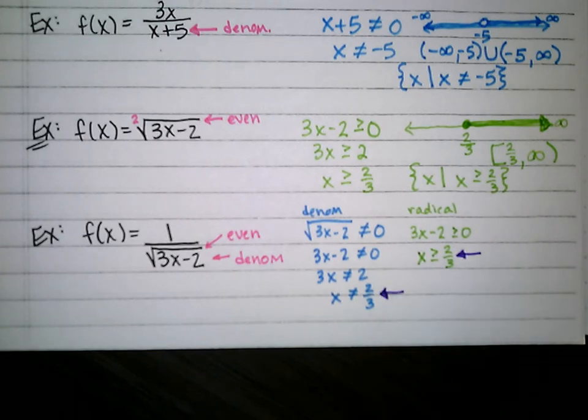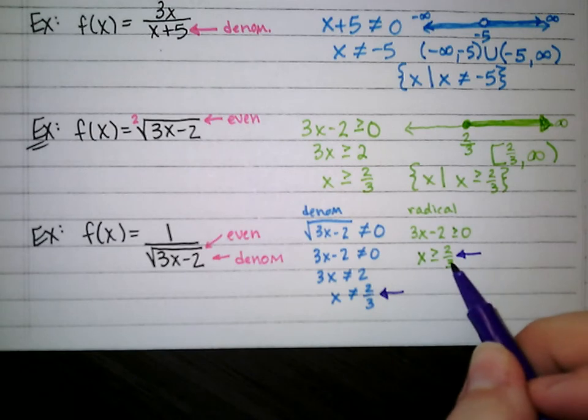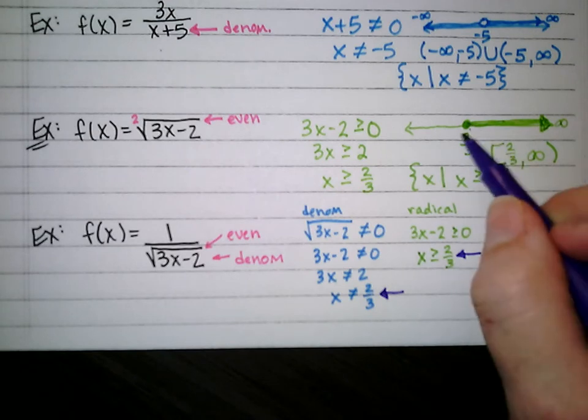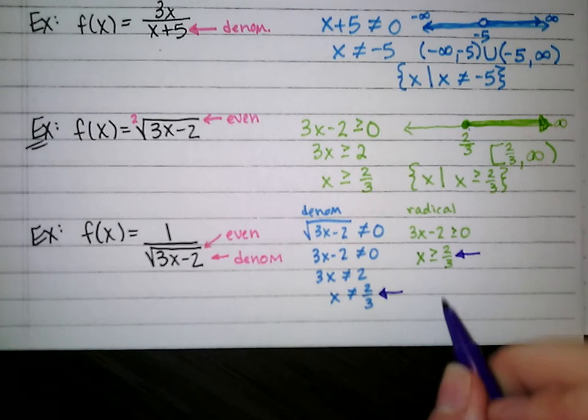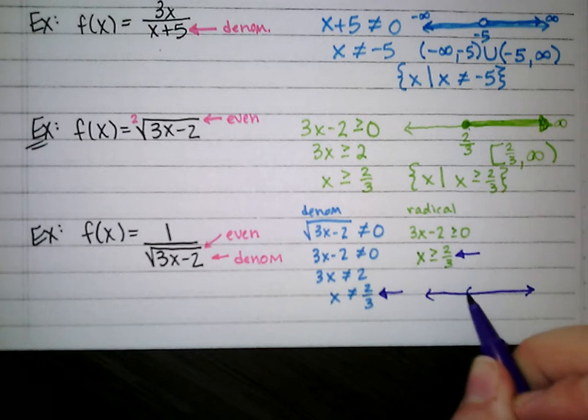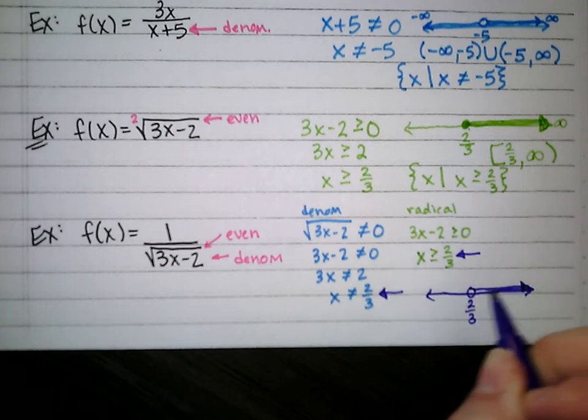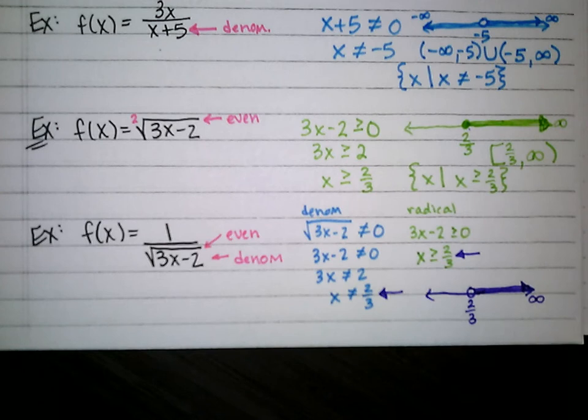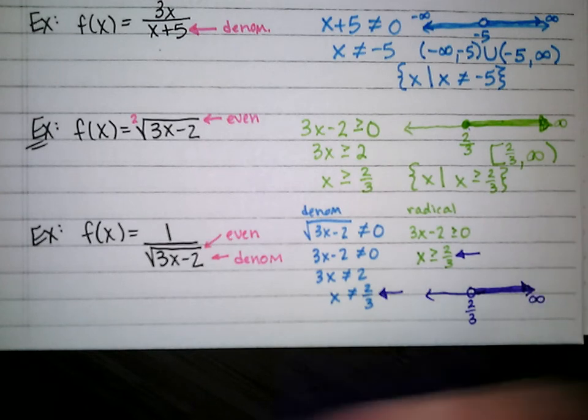So if you put those two ideas together, then that's going to tell me that instead of having that closed circle at 2/3, I have to have an open circle at 2/3. So when I combine those two restrictions, I go from 2/3 with an open circle to infinity. So that just changes my domain from a closed bracket to an open.